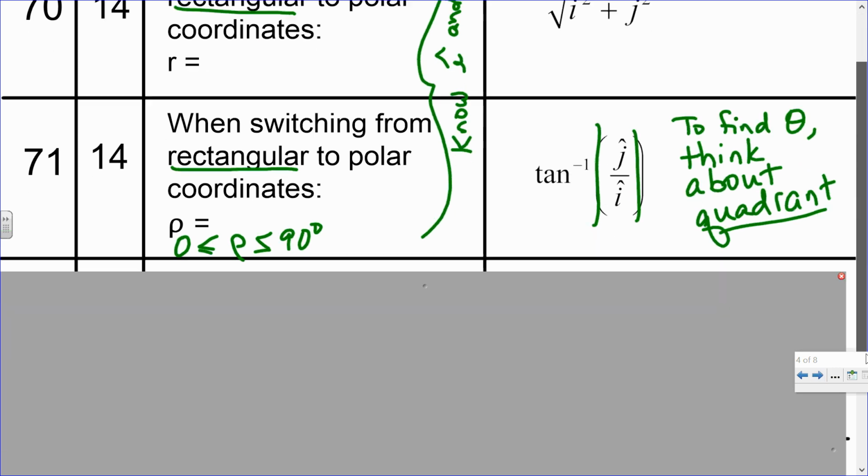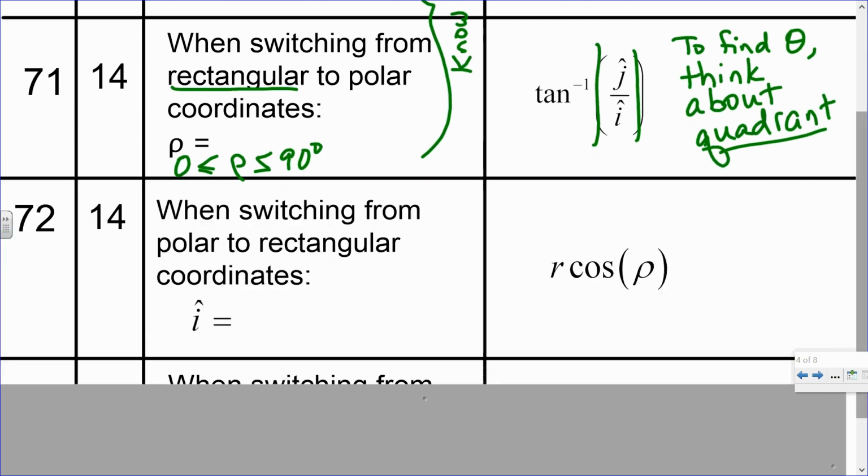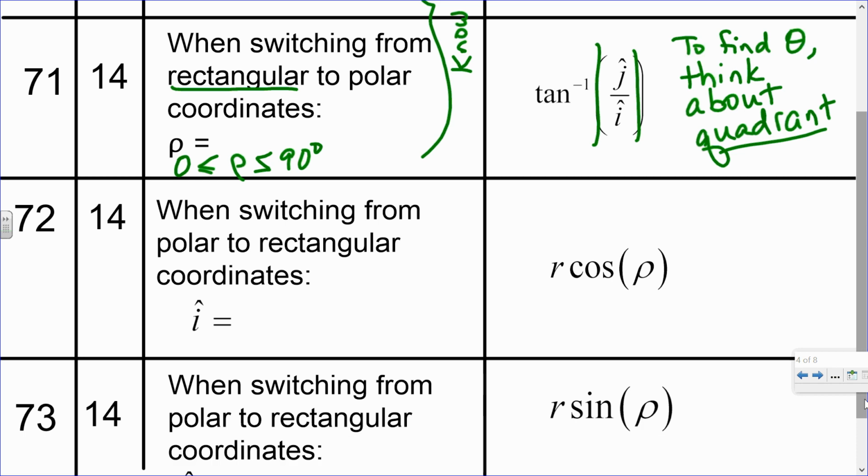If we are going the other way, we have our formulas. If we know the polar and we are trying to get the rectangular, that means we know r and we know our reference angle.